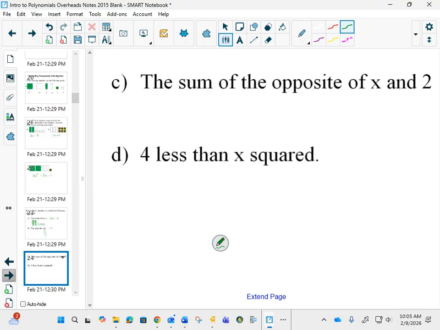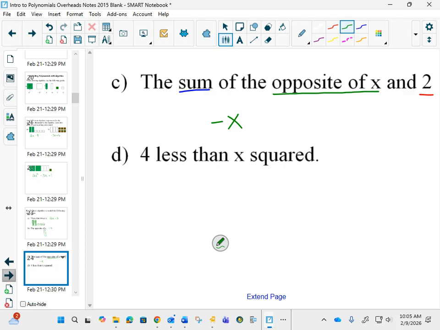The sum of the opposite of x and 2. So I'm going to color code a couple things here for you guys. Keywords. I see sum. I see opposite of x. And I see 2. Okay. Opposite of x.